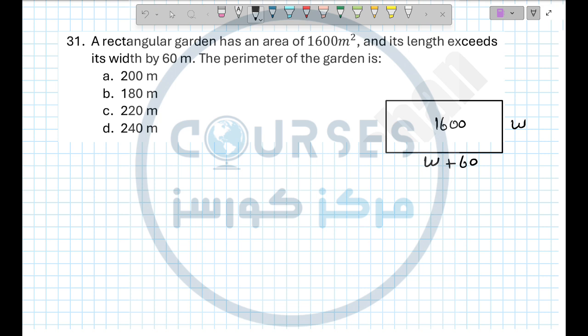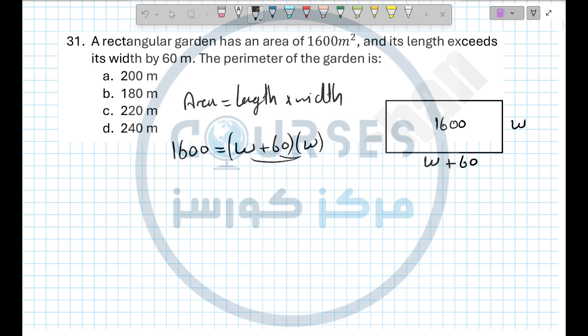Same formula, area equals length times width. So we have the area, 1,600 equals W plus 60, which is the length, times the width, which is just W. Distribute.